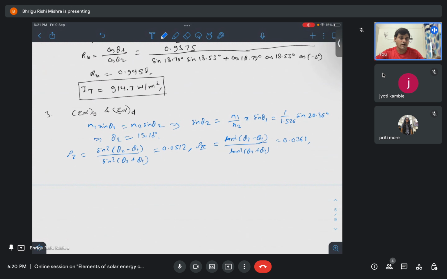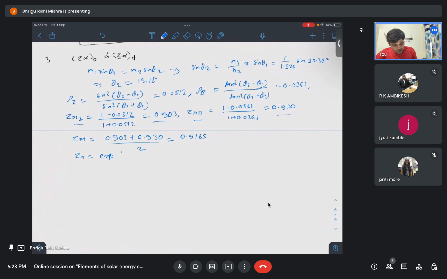Since we have one glass cover only, we can calculate tau v very easily. It's nothing but the exponential of minus K, which is 19, into delta, and here delta is given in mm, 4 mm, so we need to convert it into meter, since K is given in per meter.